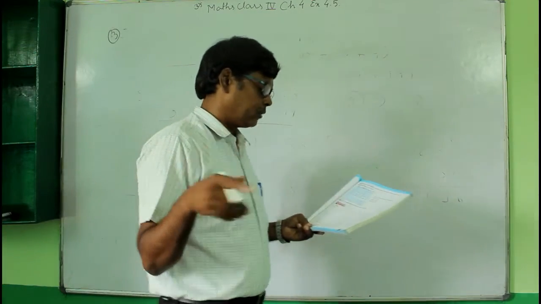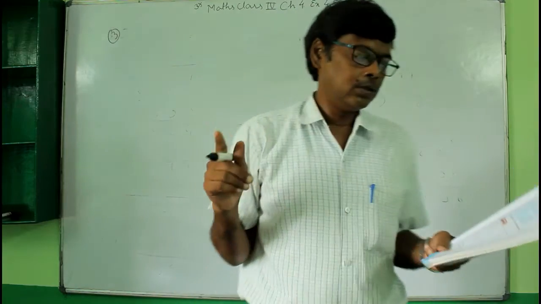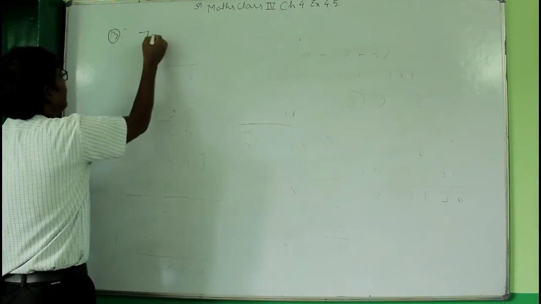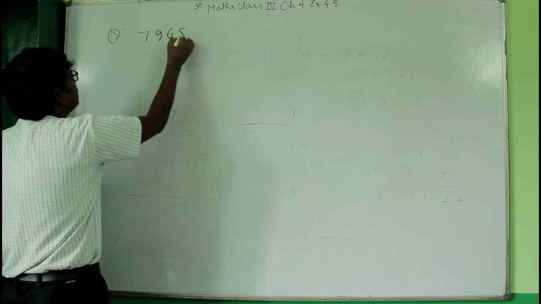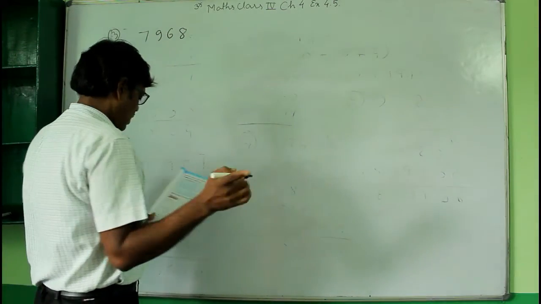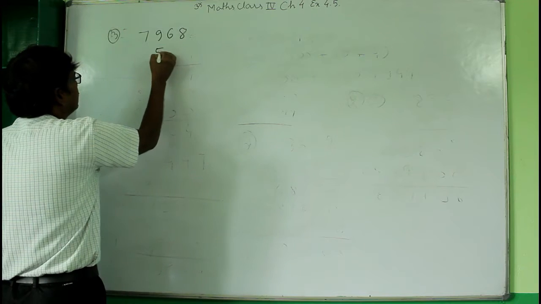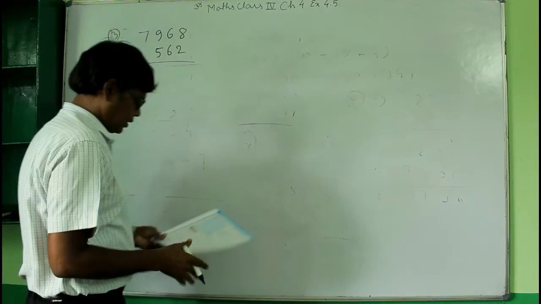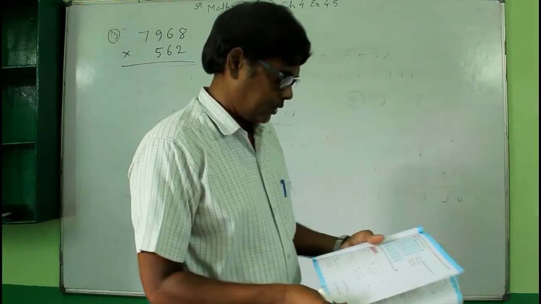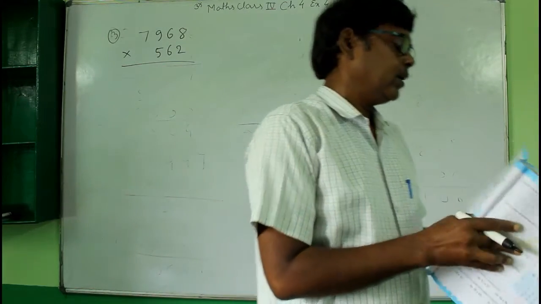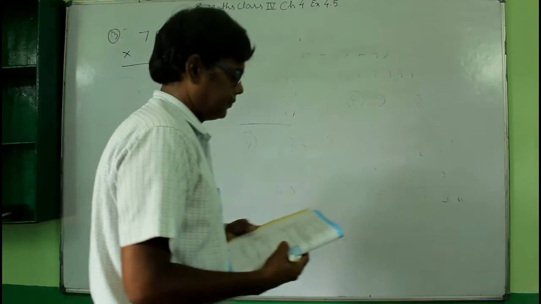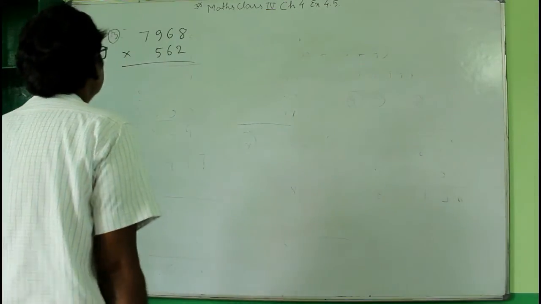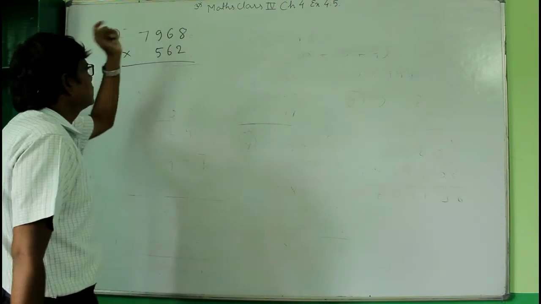I will do question number B. 7,968 is the multiplicand, and the multiplier is 562. Then multiply this number. Now again the same process here.